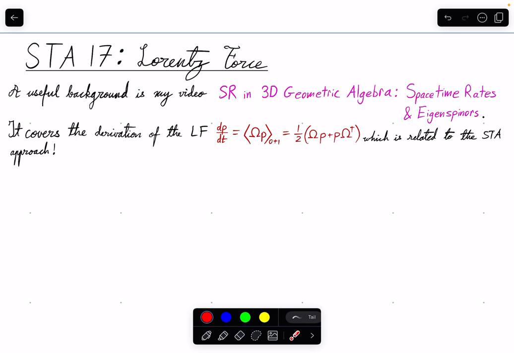So if you want a background on this that's pretty in-depth on the derivation of this, then you should go here. I'm not going to rederive it here just because the entire video pretty much was spent on the derivation, so that would just be me redoing that. But you can still learn the Lorentz force law in the STA without this. It's just in case you want to see it.